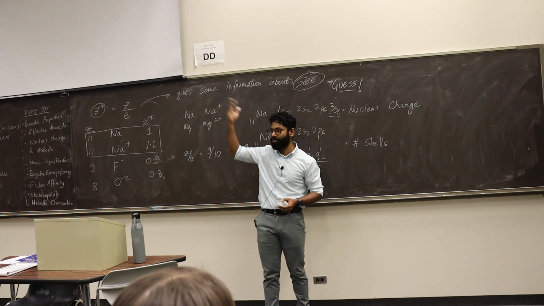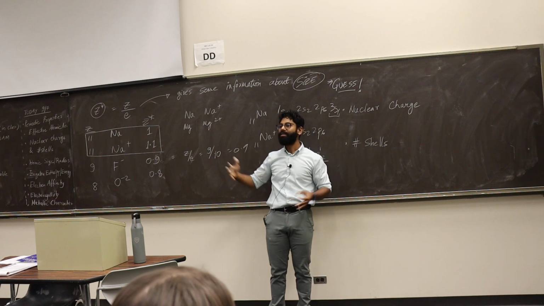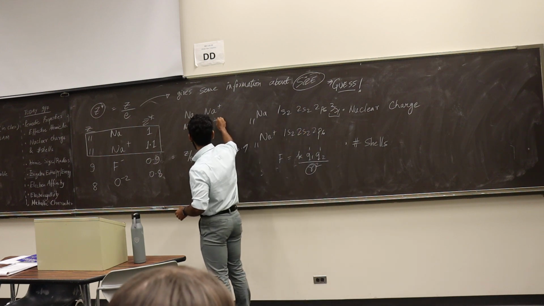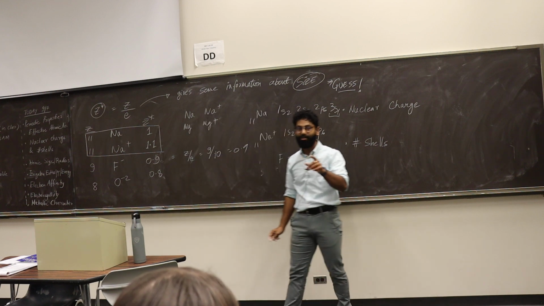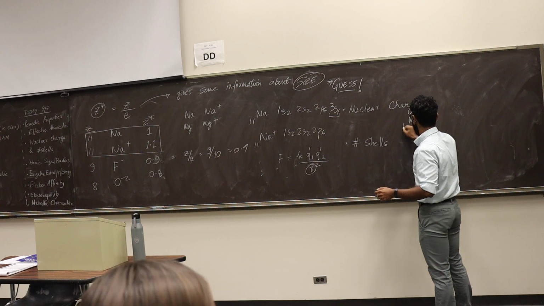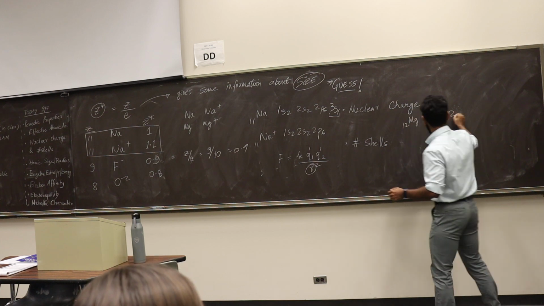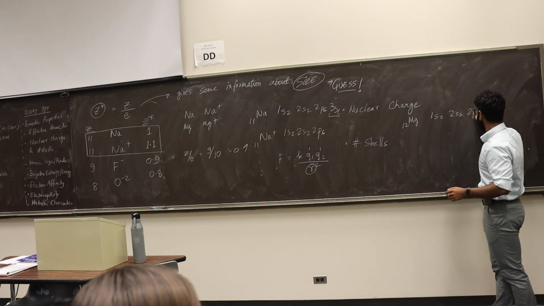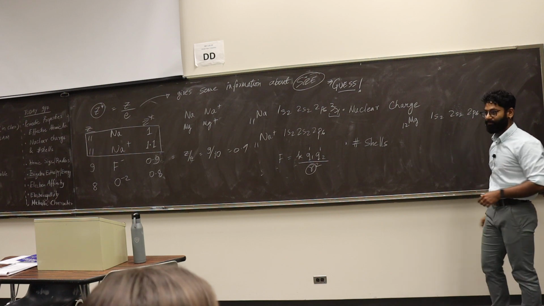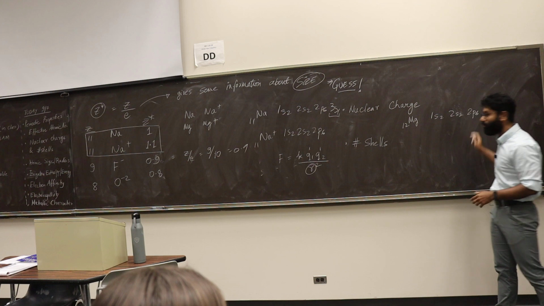Think about it. Forget about the numbers, just think about it. What's happening? You're just losing electrons. If you're losing electrons, essentially you're losing the shells. Even if you're not losing the shell, let's do Mg plus. So the shell remains the same. Mg is 12, so it's 1s2, 2s2, 2p6, 3s2. Mg plus is 3s1, so you didn't lose a shell.